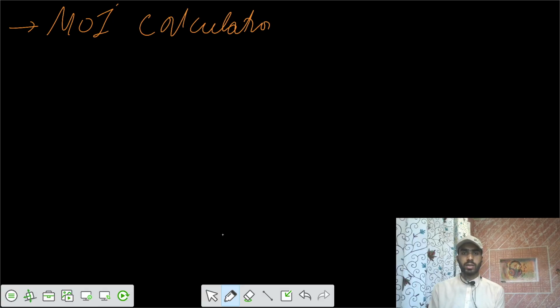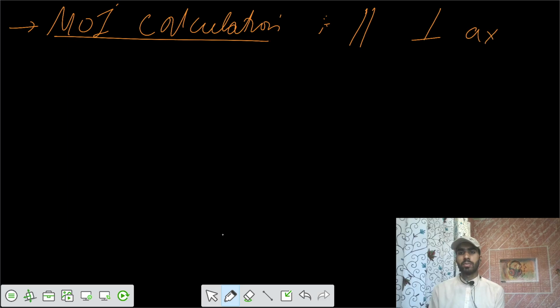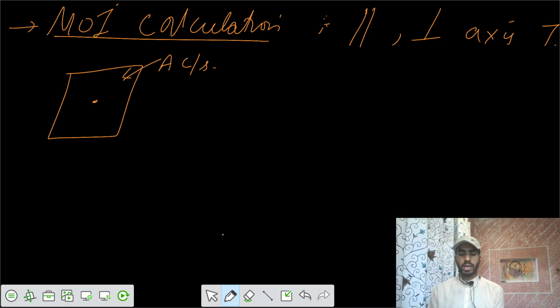Now, let's write the moment of inertia calculation, or second moment of area calculation. We have two theorems. One is your parallel axis theorem. Next one is your perpendicular axis theorem. So let's say you are having some area of the cross section A, and the centroid is here at this point. So we can call it as GG or neutral axis.